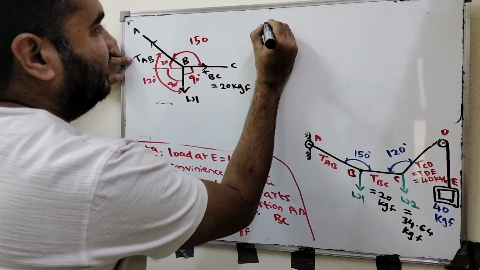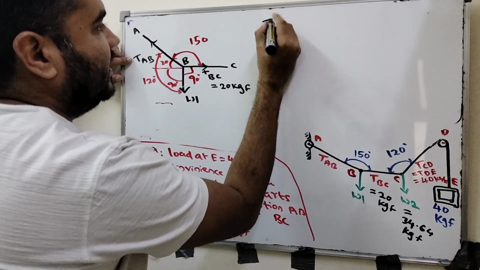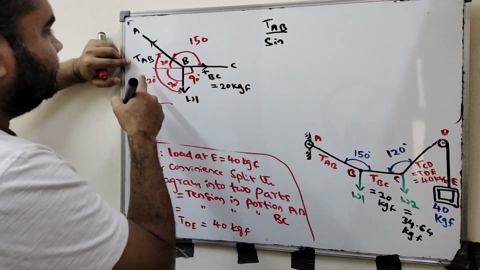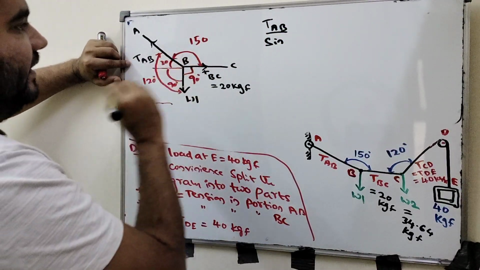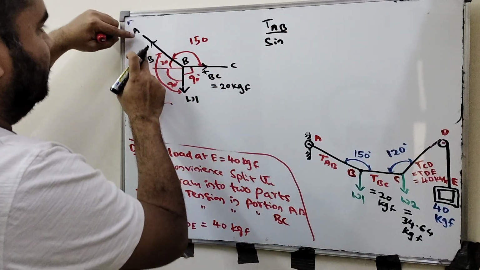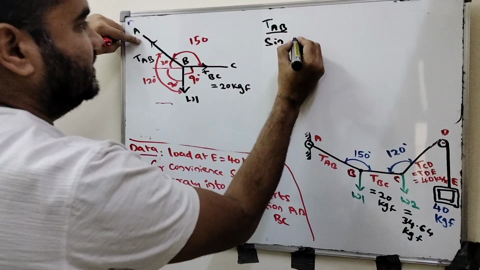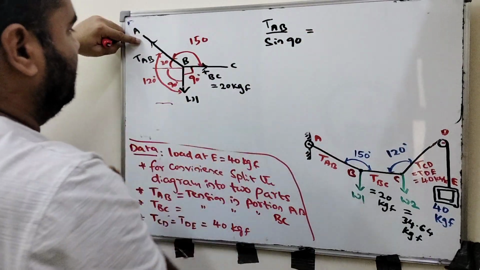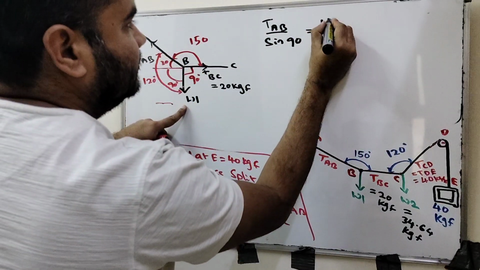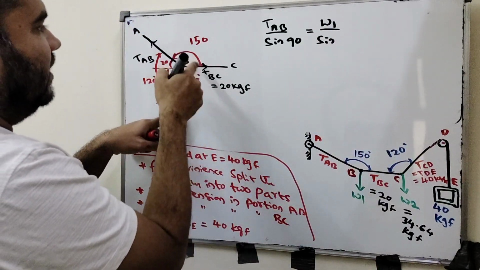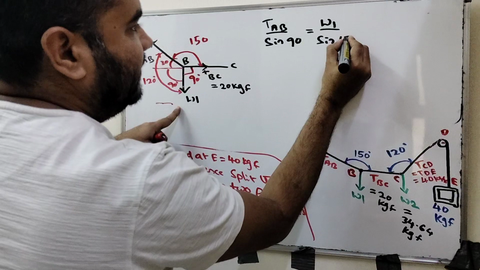First apply T of AB, the tension in the string AB, divided by sine of, opposite to this force, 90. This force's opposite is sine of 90, equal to W1 divided by sine of, opposite to this one, 150 degrees, right? 150 degrees.